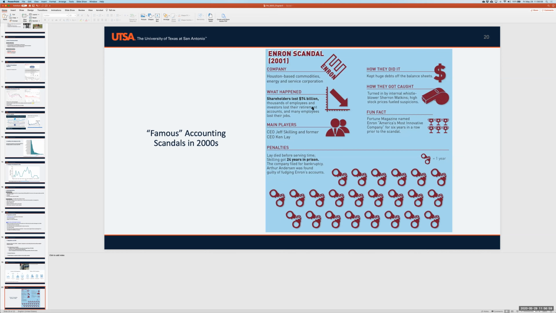You can read about this scandal. It's very interesting. There's a Netflix series about this. I just saw it, and it's very interesting. Enron was a Houston-based energy services corporation. What they did was simply keep huge debts off the balance sheet. They showed they didn't have that.